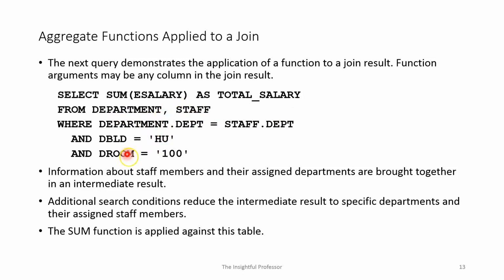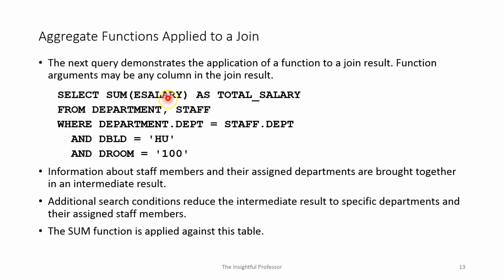And from that, I pick some of the rows by putting filter conditions. And I also get something from the rows in terms of a numeric value. What is this doing? This is giving me the total salary. Maybe it's budget type of information. Total salary for all of the employees who work in the humanities building, room 100.